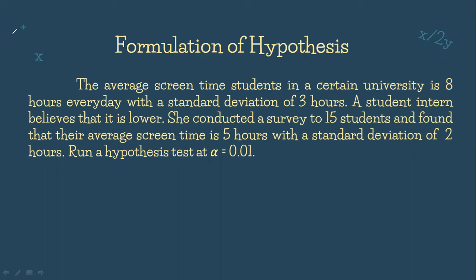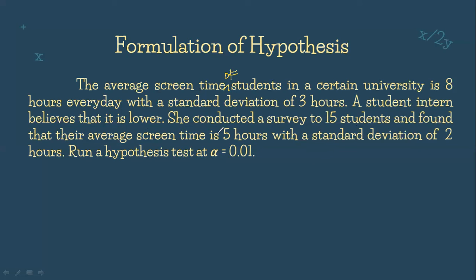So, for example, we have here the average screen time of students in a certain university is 8 hours every day with a standard deviation of 3 hours. A student intern believes that it is lower. She conducted a survey to 15 students and found that their average screen time is 5 hours with a standard deviation of 2 hours. Run a hypothesis test at the level of significance of 0.01.